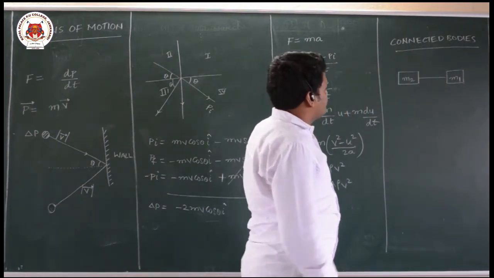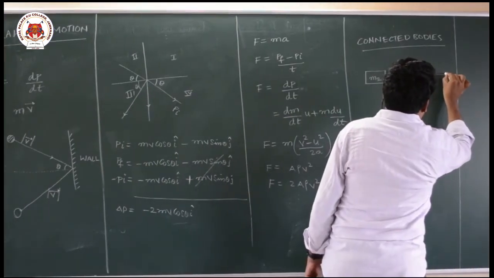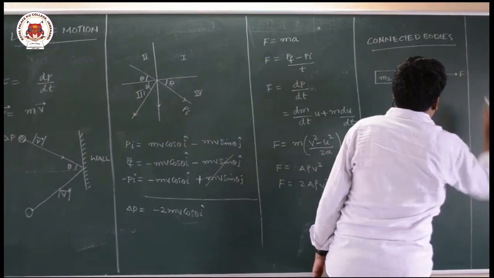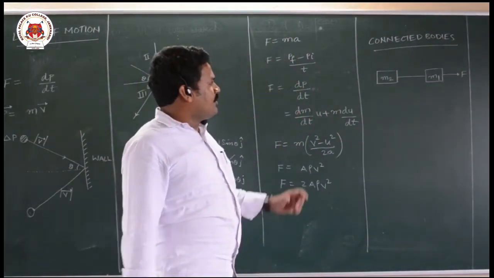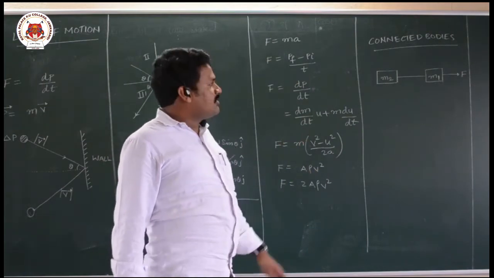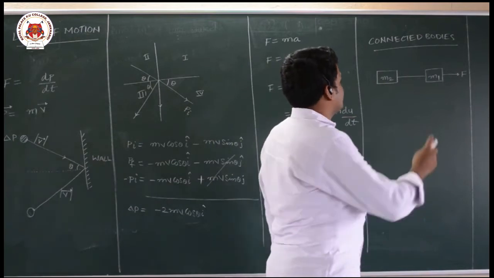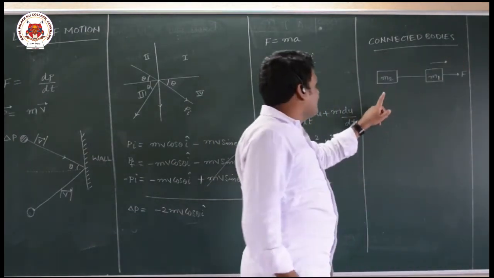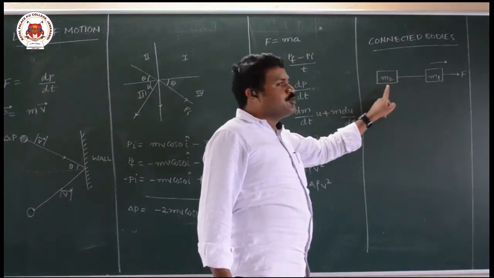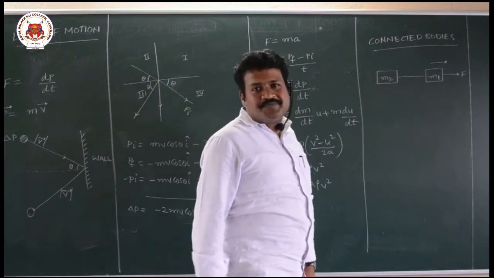Let us assume that I applied force F on m1. Now what happens? Here you have to take into consideration Newton's third law. I applied force on m1, so m1 moves in this direction. When m1 moves in this direction, you can observe m1 is attached to m2, so it can't come alone because it has to carry m2 also.